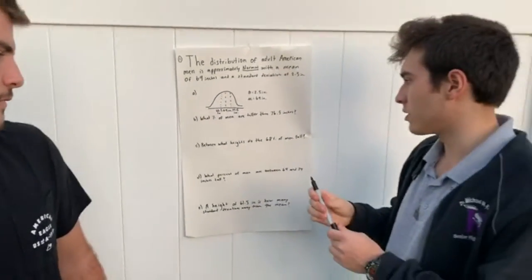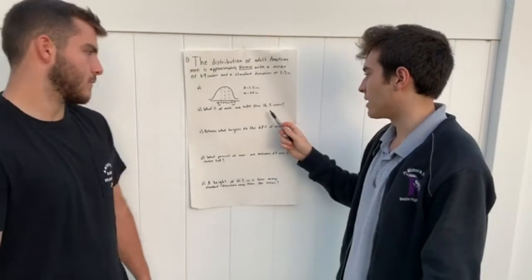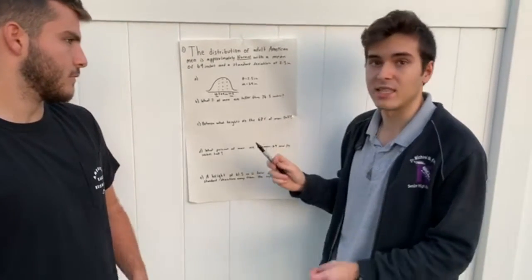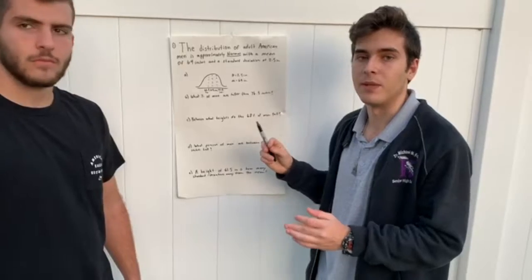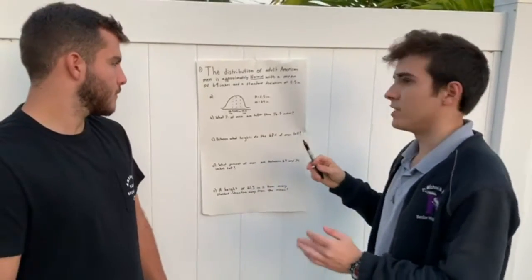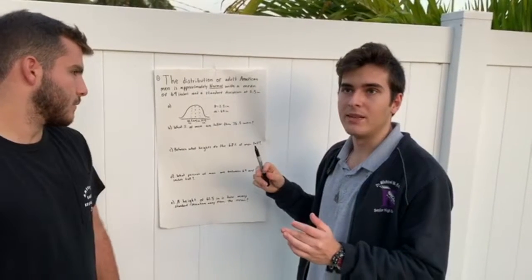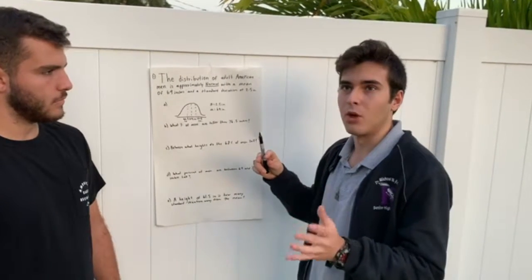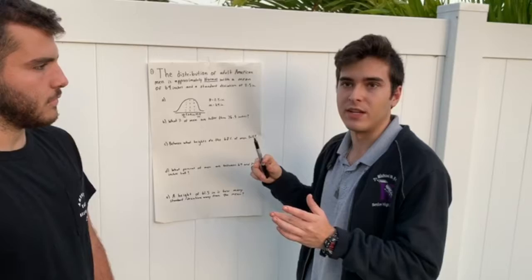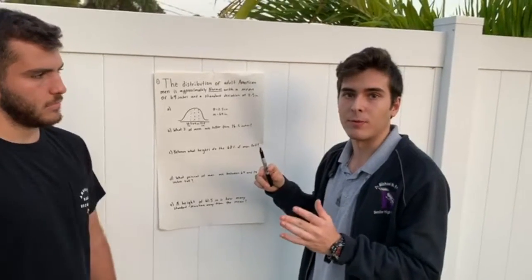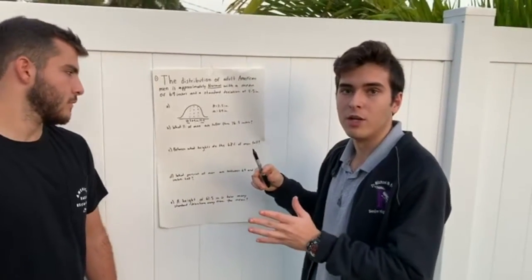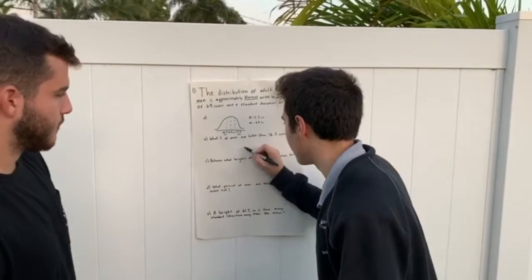First we need to see how many standard deviations away 76.5 inches is. In this case, it's 3 standard deviations above the mean. According to the 68, 95, 99.7 rule, below and above 3 standard deviations of the mean is 0.3%. But in this case, we're only doing above, so it's 0.15%.